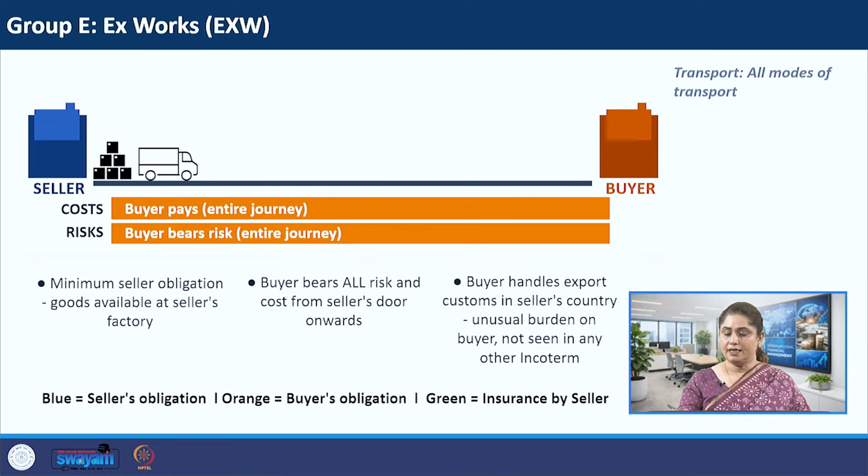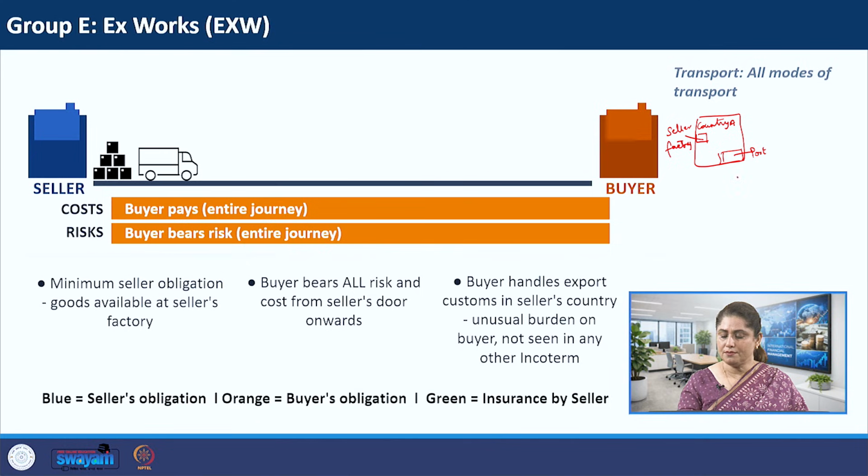Now see, it is not very easy to transport from one country to another country. Let's say this is country A, while the port of the country is here, right? And the factory of the seller is here. This is the seller's factory.